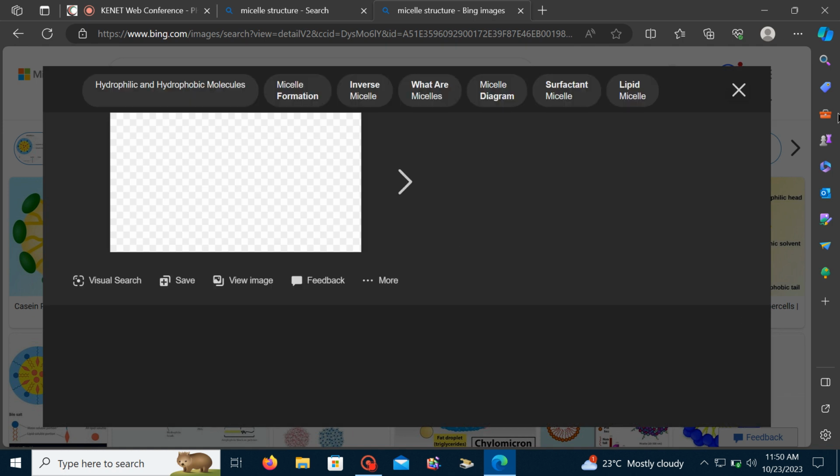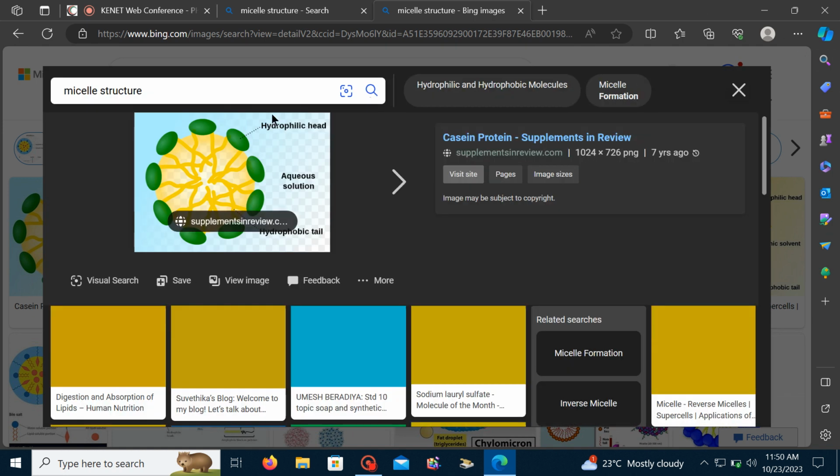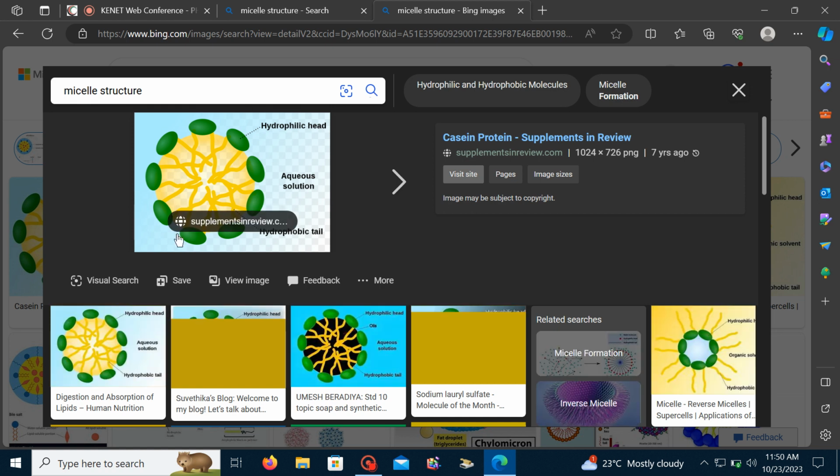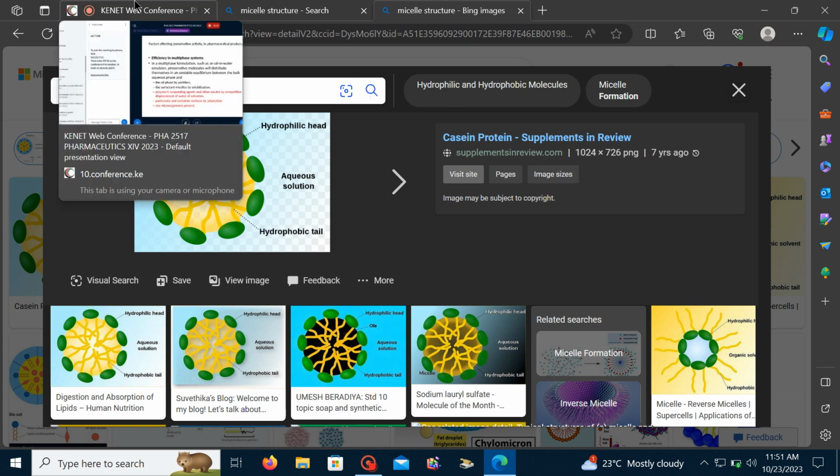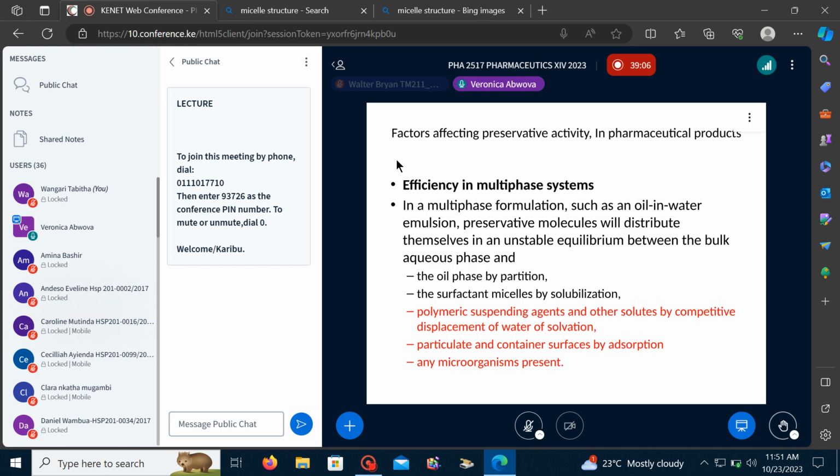It looks like a little round ball with the tails sort of forming a circle outside, and the hydrophobic tails sort of coming to the center to trap or to create the micelle. Okay. Yes.